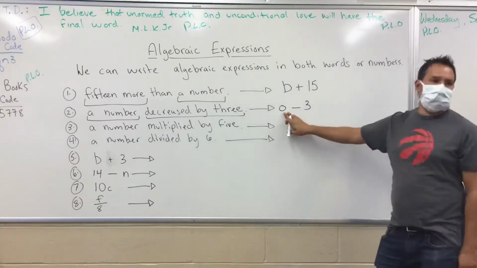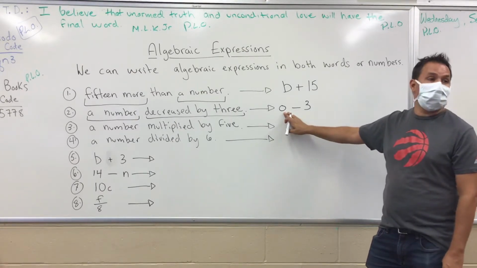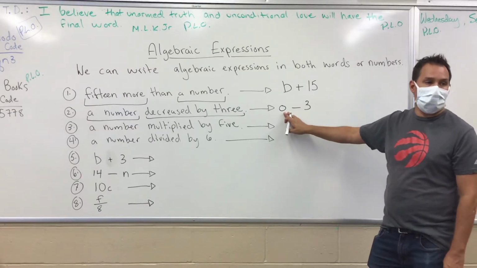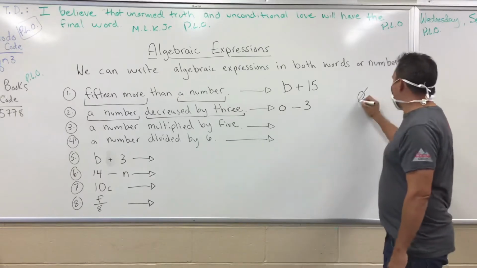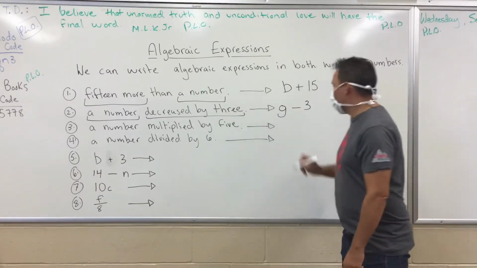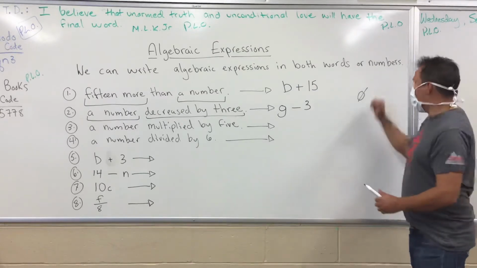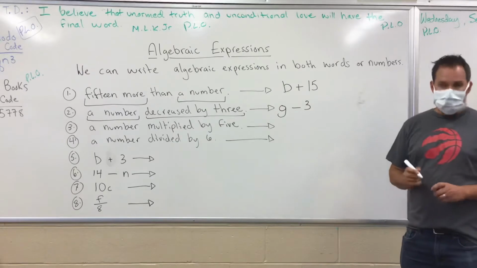But be careful with the letter O, because people will often confuse it for 0. We could convert that O to a G, which makes us fully aware that it's a variable: G minus 3.